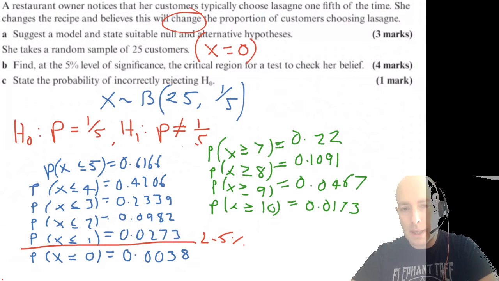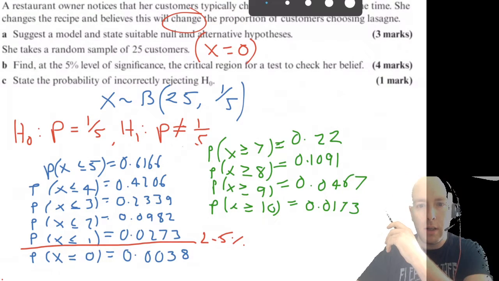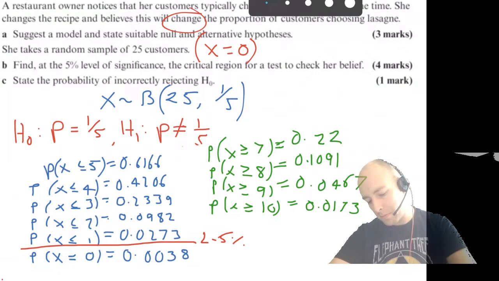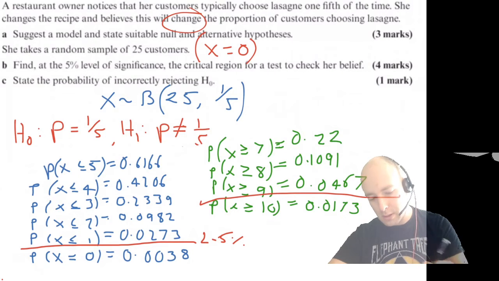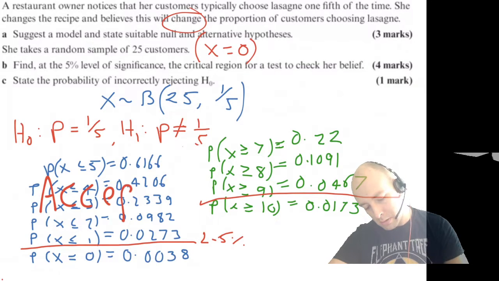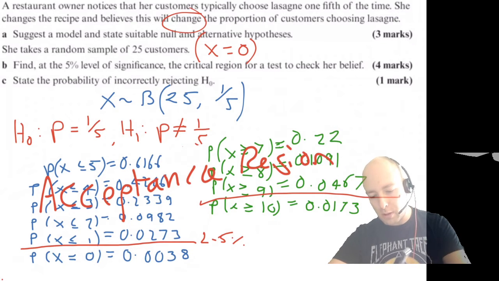Cool, there we go. So again, we're looking for that 2.5% level. This one's 4.6%, this is now 1.75%. It's going to be in between those two. So again, the top ones are all the acceptance region, and then down here we've got our critical region.